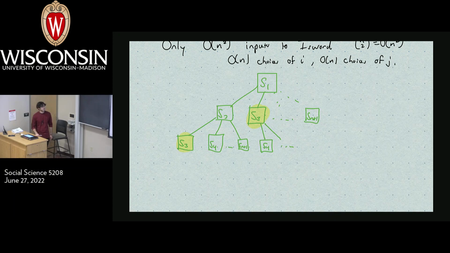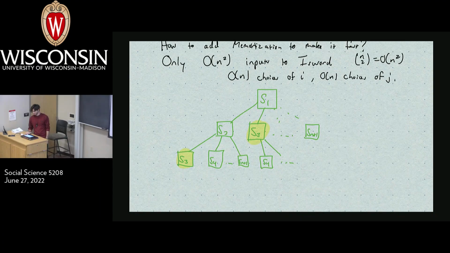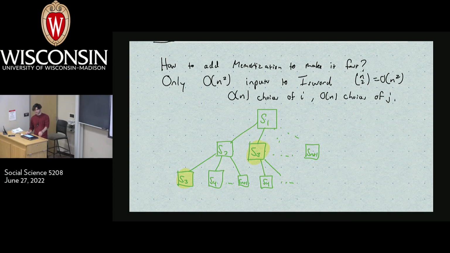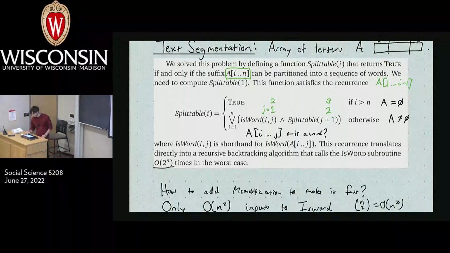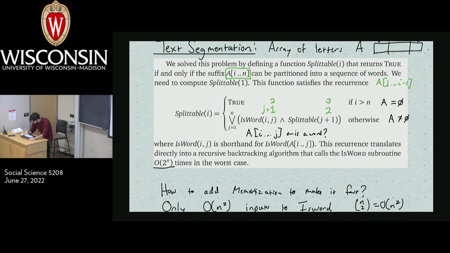So what thing do we want to try to store into memory? Yes. The result of splittable. Yep. So essentially we're replacing splittable with an array S[j plus 1]. So we just save the partial solutions to an array, then we can just call the array instead of recomputing that value every time.